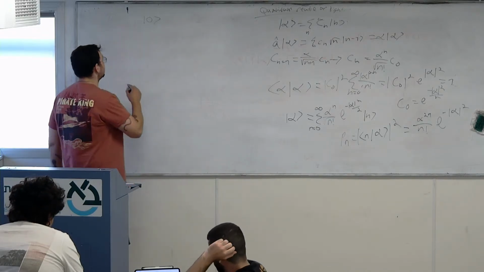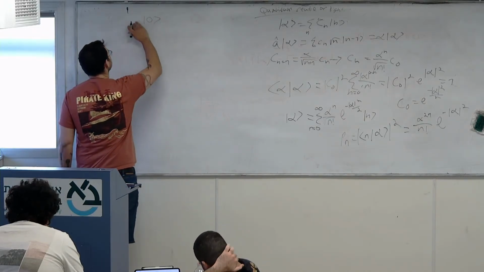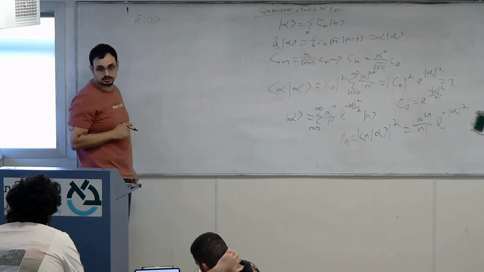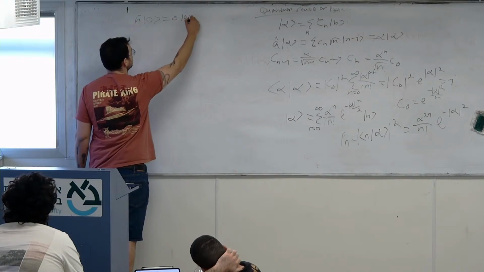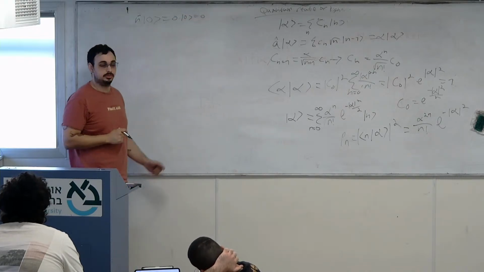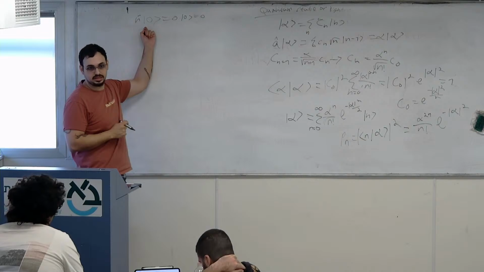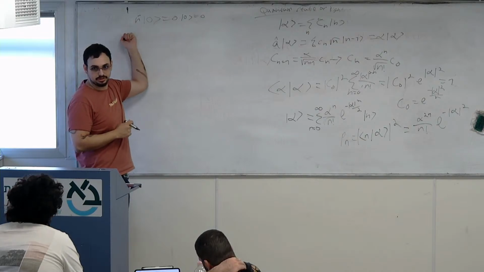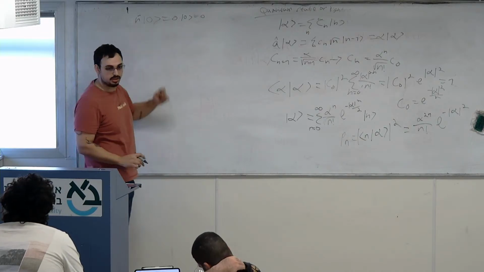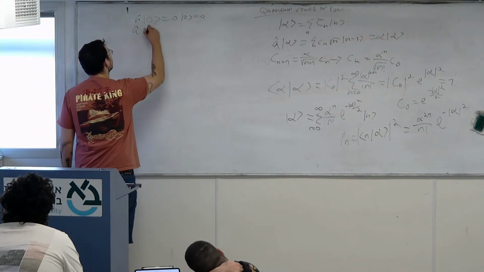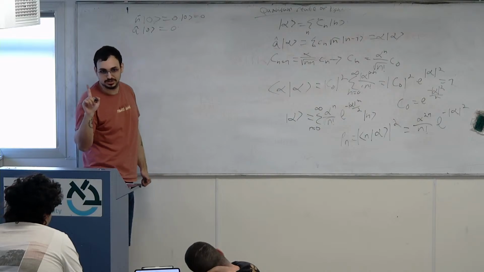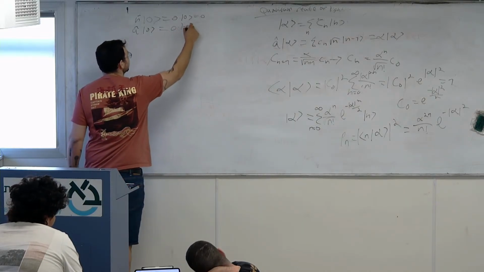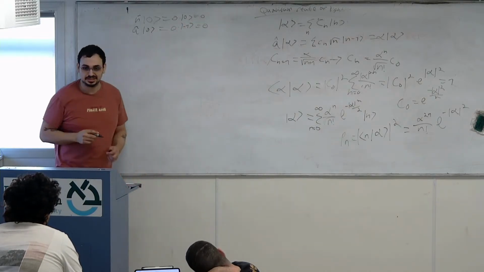because n of the vacuum state 0 times 0 is 0. So the vacuum state is an eigenstate of the number operator, which means it's a Fock state. But a acting on 0 equals 0 times, I'm going to write something blasphemous, it's 1, 0. There is no minus 1.